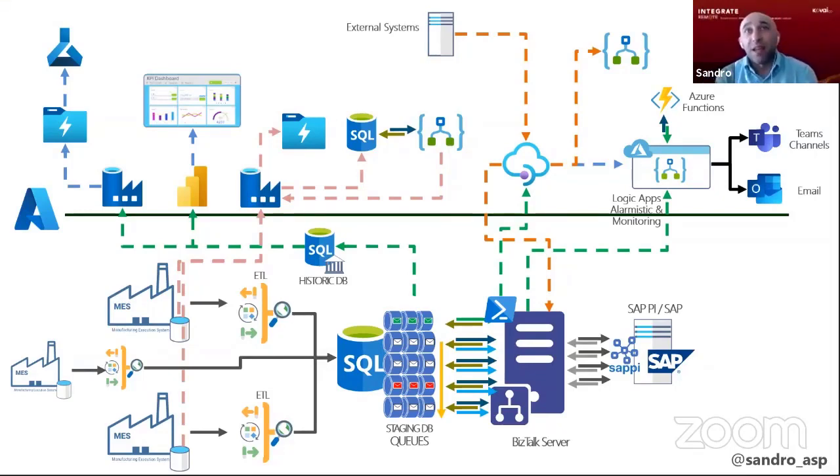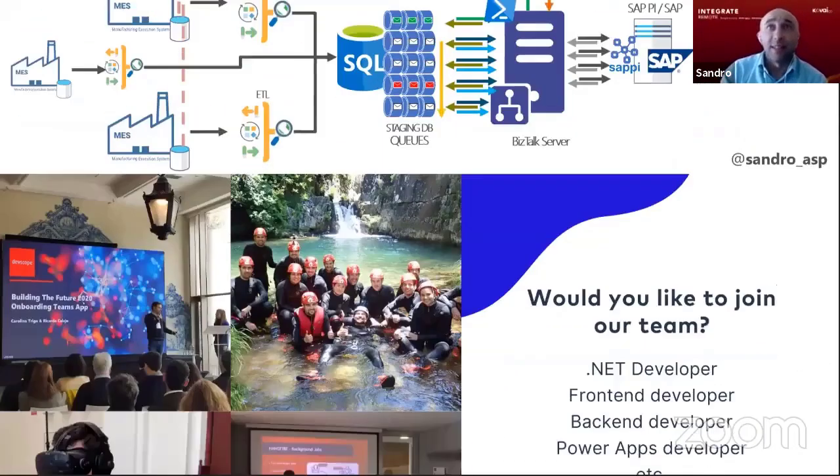So I think hybrid has really good potential to solve all of our integration needs, not only Logic App, not only BizTalk, but mixing all of these together. Microsoft has a really, really powerful technology to do integration. That's it.